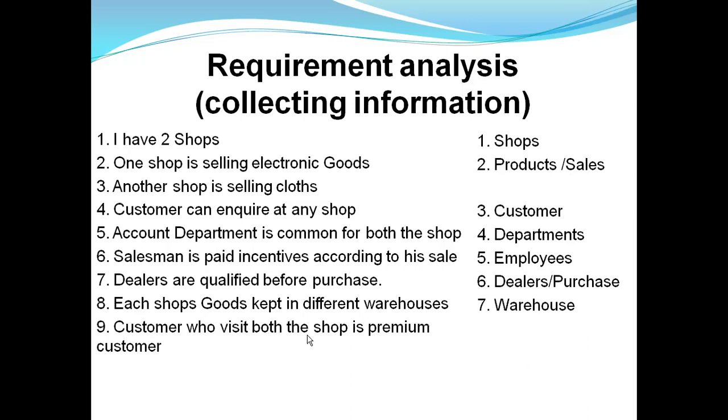Customer who visits both the shops is a premium customer. So simply, we have additional information about a customer. That premium customer. Simple. So when premium, we are saying it's a characteristic of a customer. And customer we have already taken. So here we did not have any additional entity.